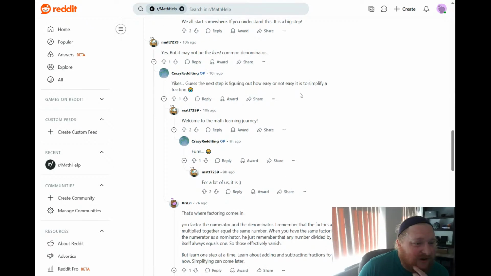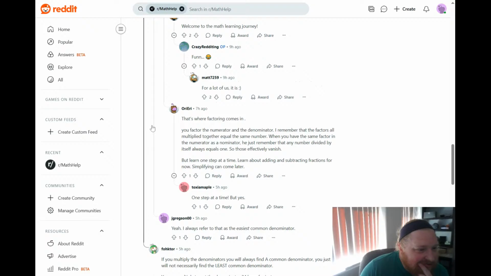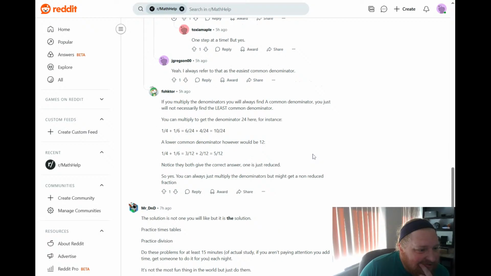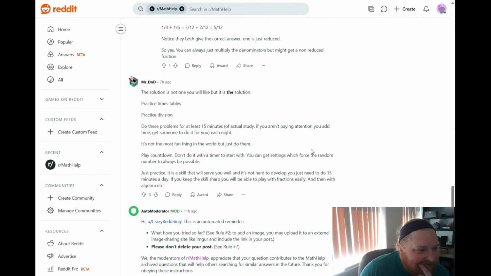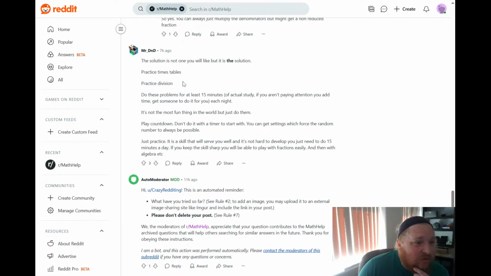Guess the next step is figuring out how easy or not easy it is to simplify a fraction. The solution is not one you will like, but it is the solution.